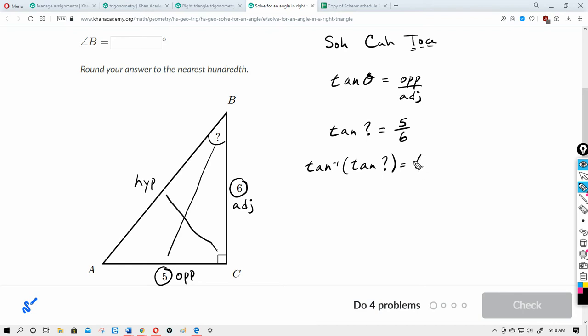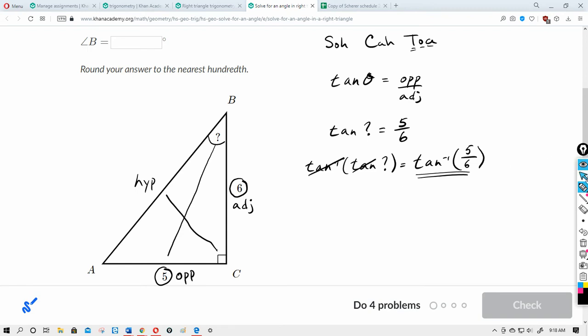And we do the inverse tan on the other side as well. Now on the left, the tan and the inverse tan cancel, but we're left with the question mark. And this part here you have to enter in the calculator.